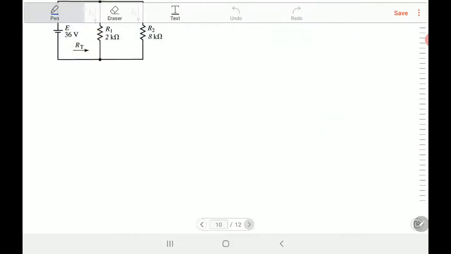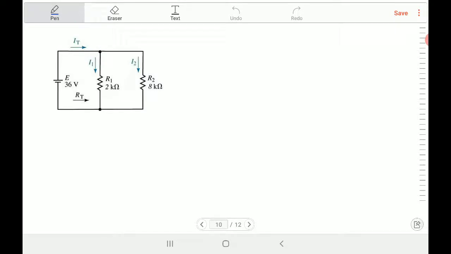Okay, let's just take one application. That's the voltage, and you have R1, R2, and you want to find any I. First you have to find R total. But to tell you the truth, if I have this question, I'm not going to do the current divider, because this is only voltage, and this voltage I divide by R1 to find I1. That's very simple. It's equal to 36 volts divided by 2 kilo ohm, which is equal to 18 milliampere.